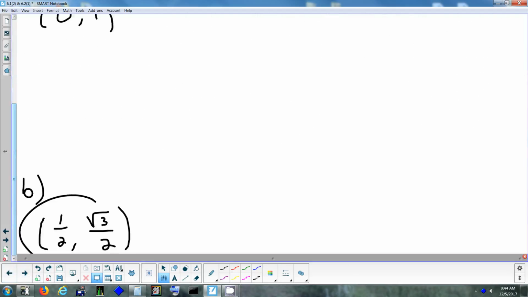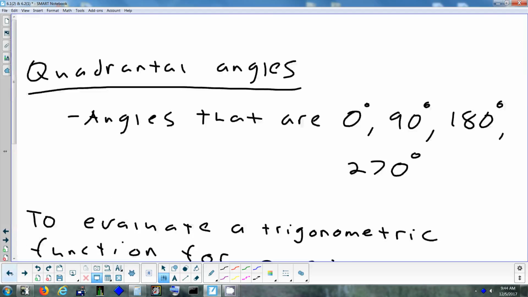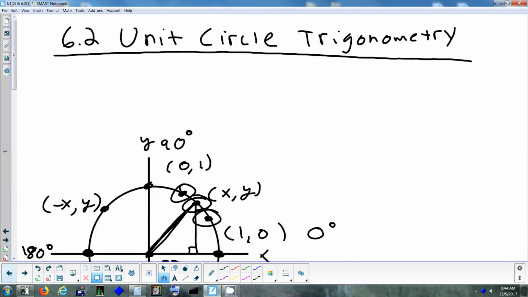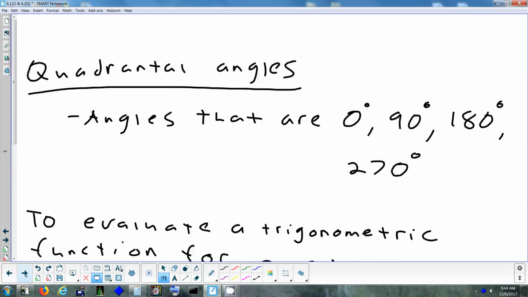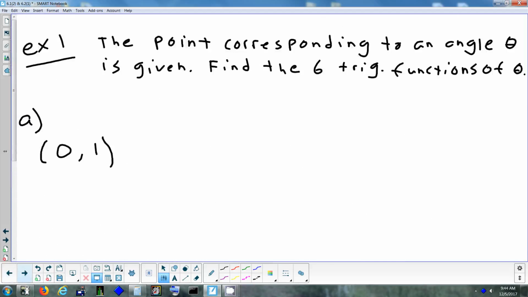So this coordinate represents some angle, but it's definitely not 0, 90, 180, or 270, because look at the numbers. It's a 1/2 and a square root of 3 over 2. I didn't use those 2 numbers anywhere in the 0, 90, 180, or 270. So it represents something, but it's not important what it represents. All you need is its coordinate. We'll talk about what it represents tomorrow.